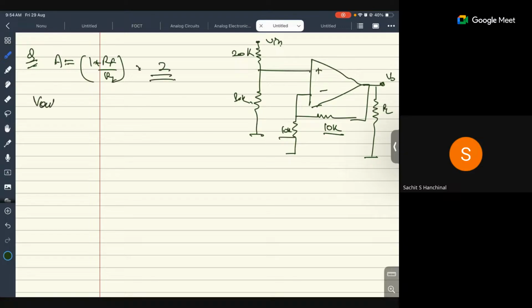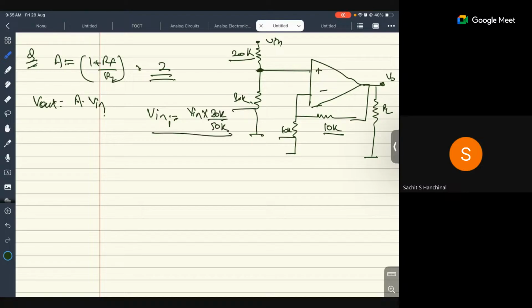Now what is V out? V out is A times V in. And what is V in? V in will be applied with the voltage divider. So I just say the V in 1. V in 1 is nothing but V in multiplied by 30K divided by 50K.